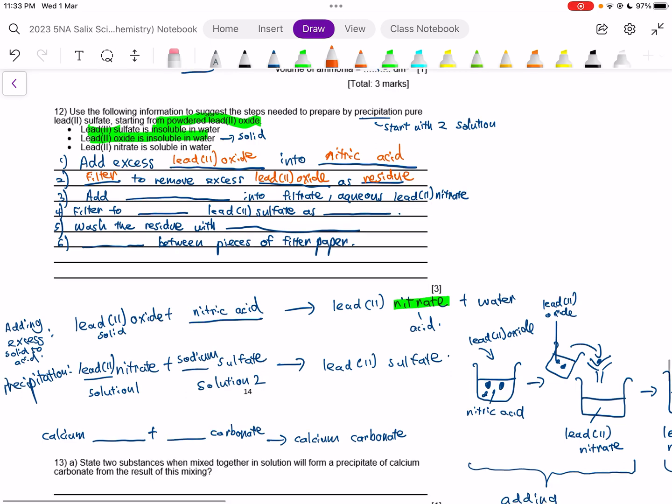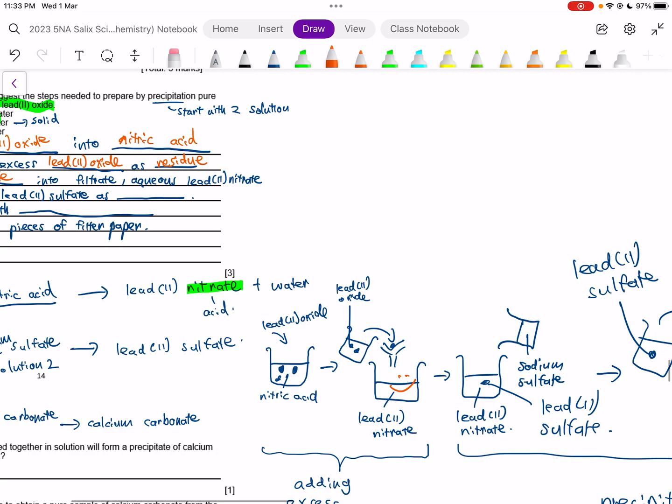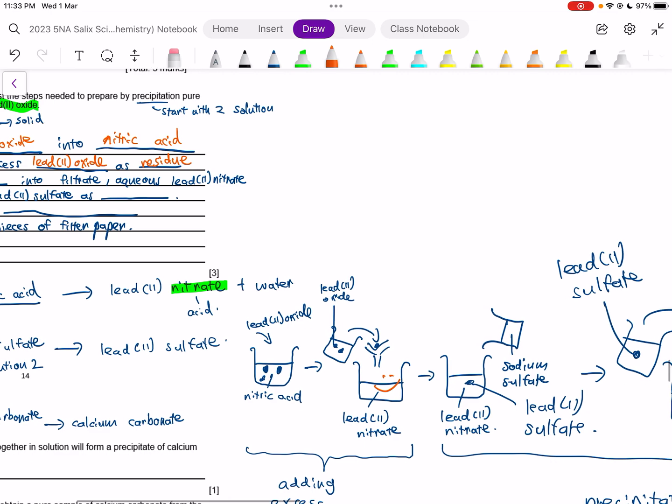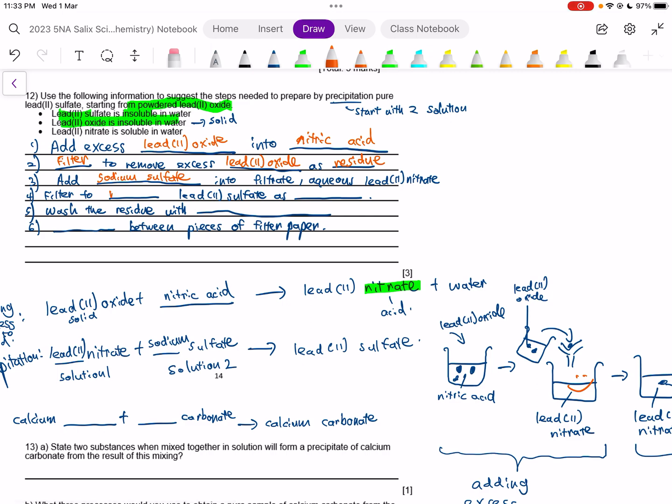But this one you're interested in the filtrate. Then you add sodium sulfate into your filtrate and then after that you will get the precipitate of lead 2 sulfate. Then you filter to remove lead 2 sulfate as the residue.